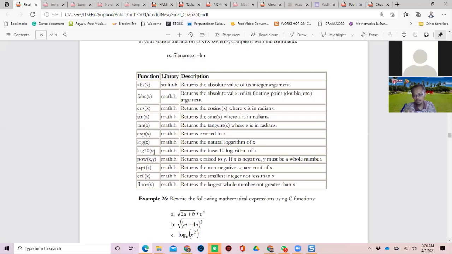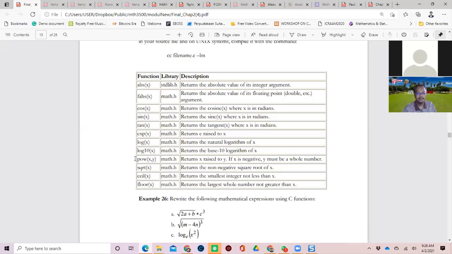Log x in normal mathematical expression is log10 in C. So ln in normal mathematical notation is log(x) in C. You need to differentiate these two types of log. Log10 is log only, and log alone is ln.